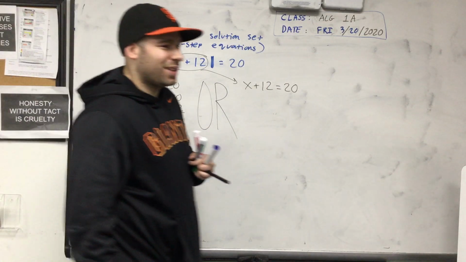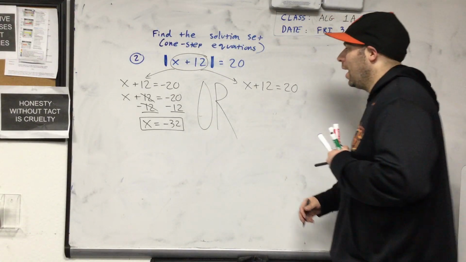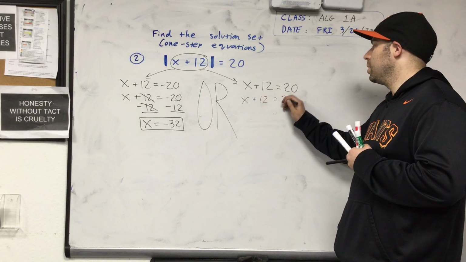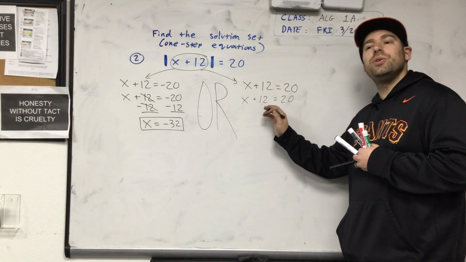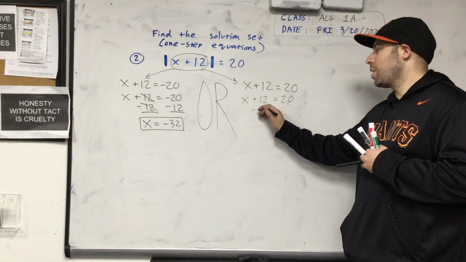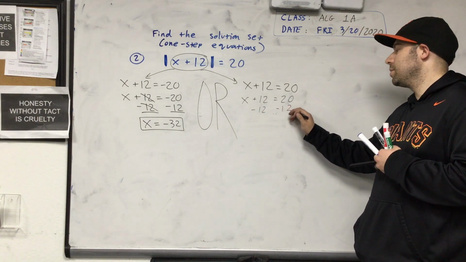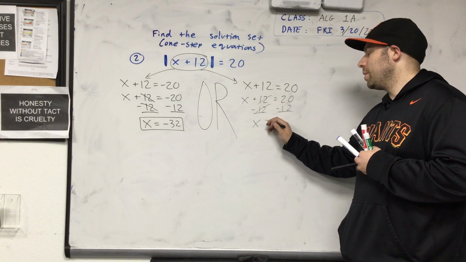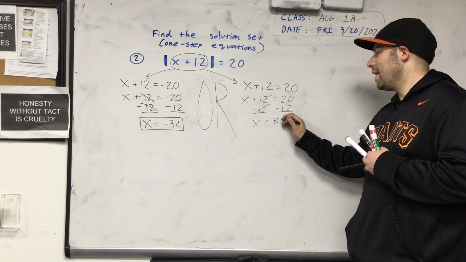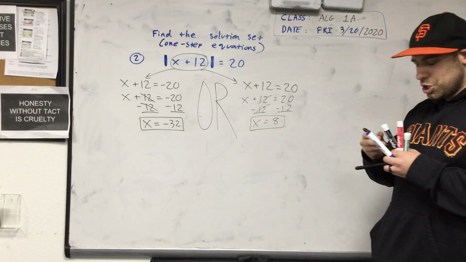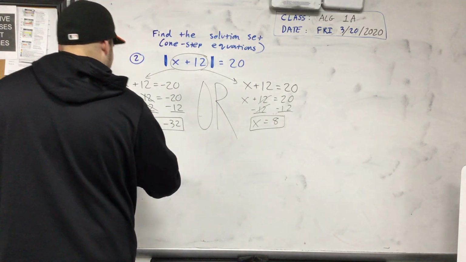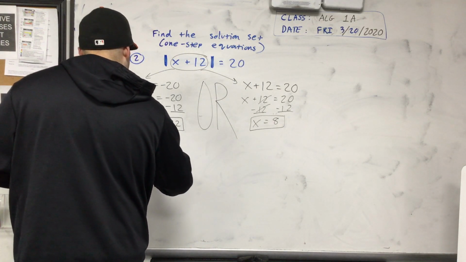Let's check the right side of the equation. x plus 12 is equal to 20. And we want to undo that plus 12 layer by subtracting 12 on both sides. So 20 minus 12 is 8. And we can check our work by plugging into both equations the solutions that we got.